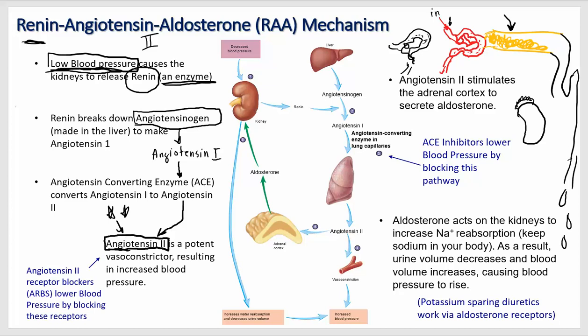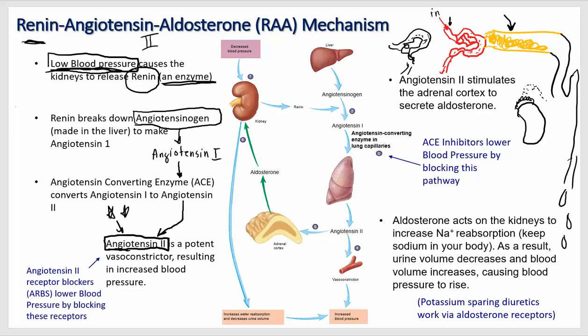So now we're releasing this molecule. The angiotensin 2 causes the adrenal cortex to release a molecule into the blood called aldosterone, which is what we would call a mineralocorticoid. It's a hormone made by the cortex.